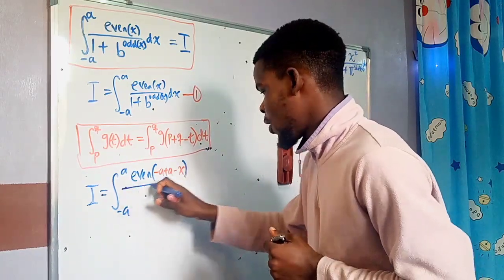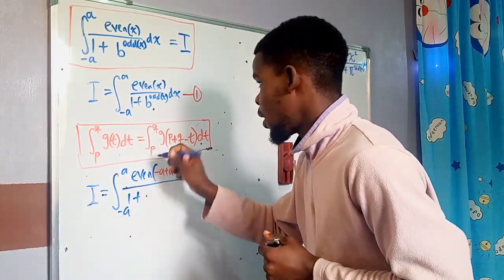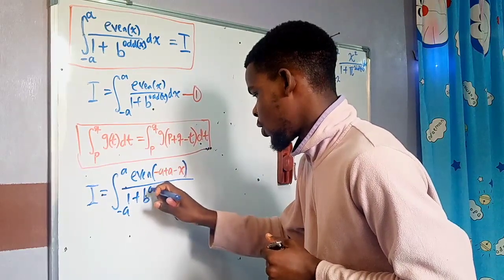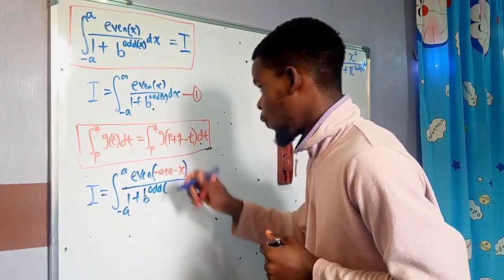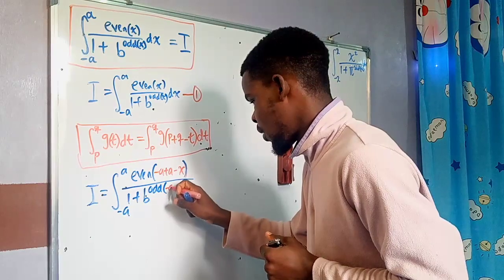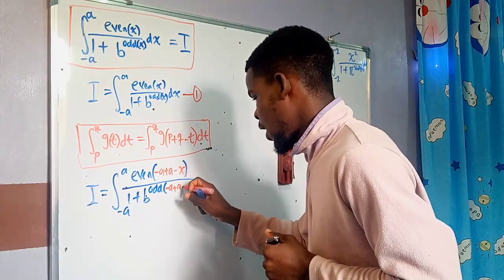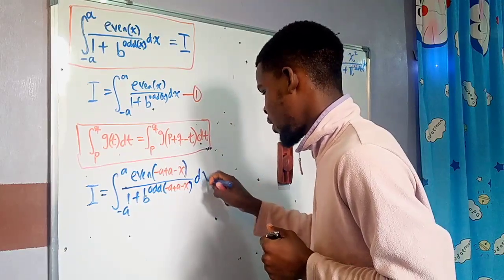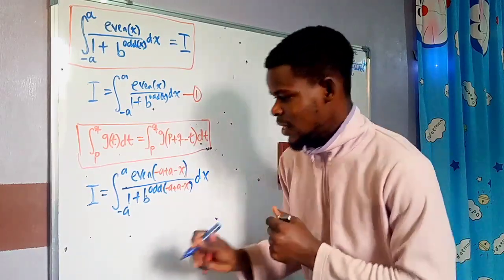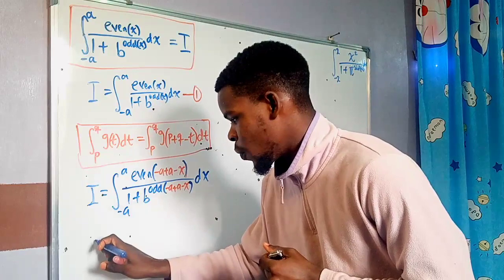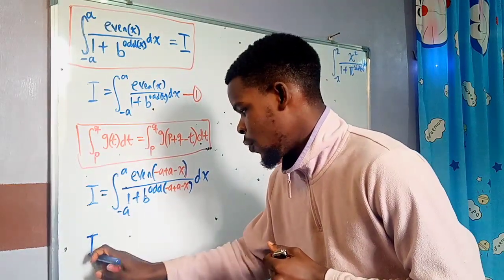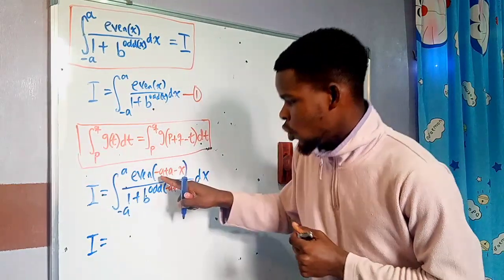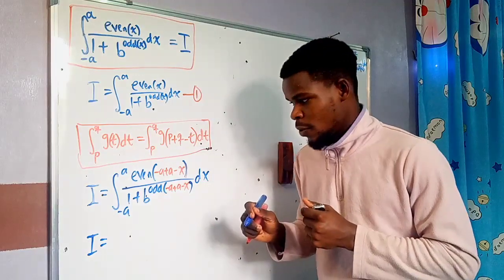And we say that divided by 1 plus b raised to the power of the odd function of, in place of x, I'm still going to put in the same thing, negative a plus a minus x. And then we can put the dx over here. Okay, so this is very interesting. You notice that this negative a plus a will give us 0, right?